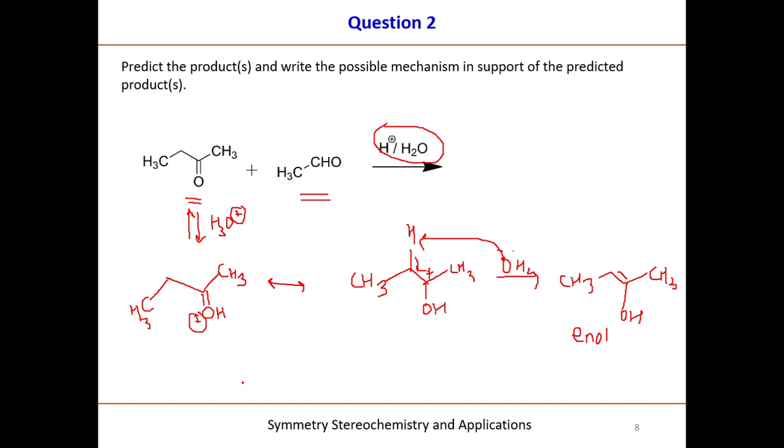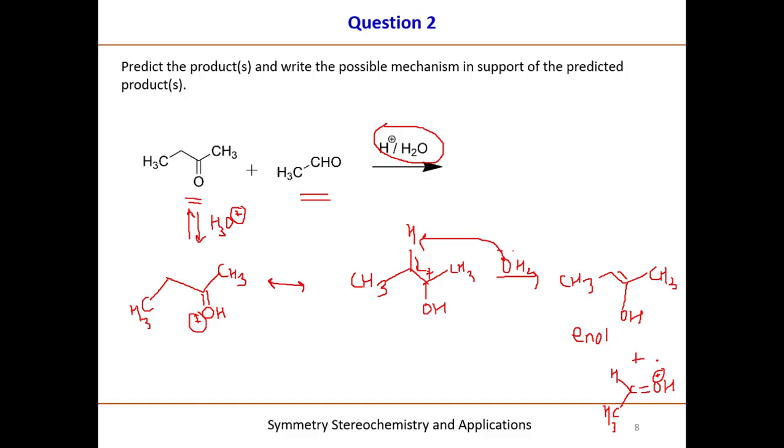I will write here protonated one plus C double bond OH, protonated aldehyde. Correct? This is a protonated aldehyde.